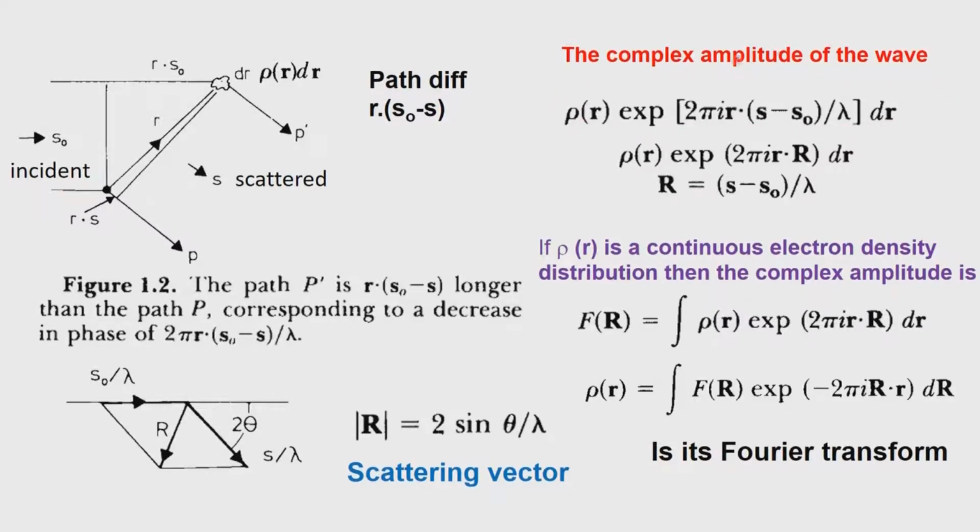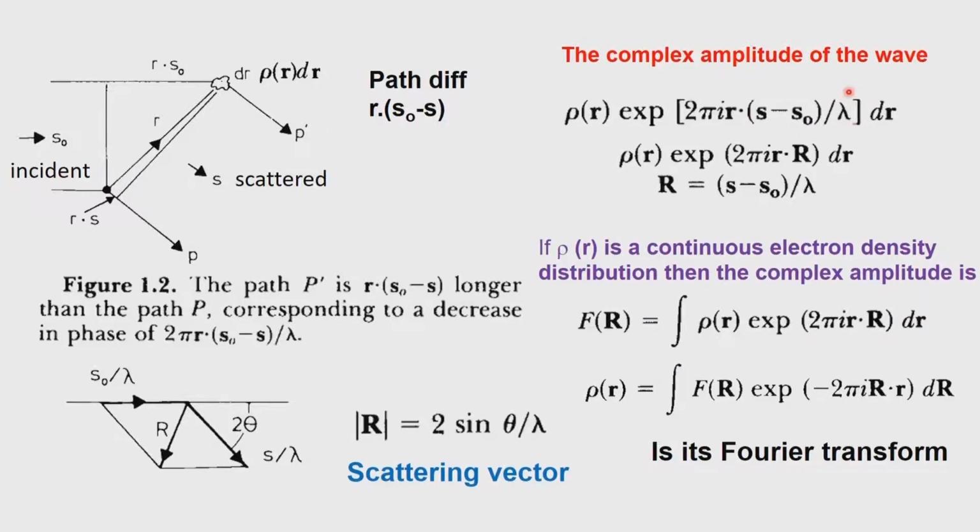So, rho of r dV of r, this part will consist of giving the E naught part, the amplitude part, and this is the phase that is associated with the wave. So, therefore, we can now express the complex amplitude associated with the wave in terms of rho of r dV of r exponential 2 pi i r dot s minus s naught by lambda, which is the phase difference.